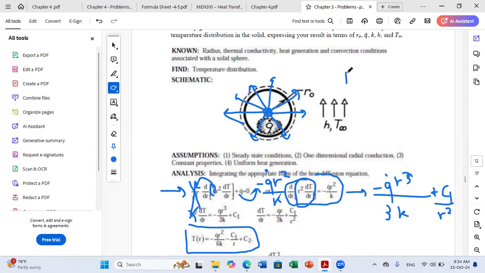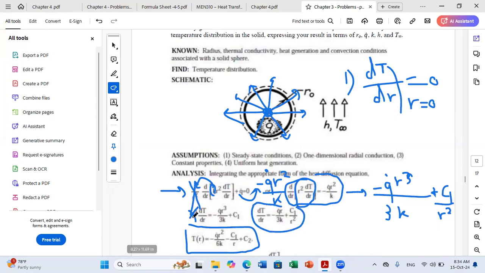So condition one is that the derivative of T with respect to R will be equal to 0 at R equal 0. Now, if we go to the dT by dr expression, just before dividing by r squared, because you cannot divide by 0, what was your condition?